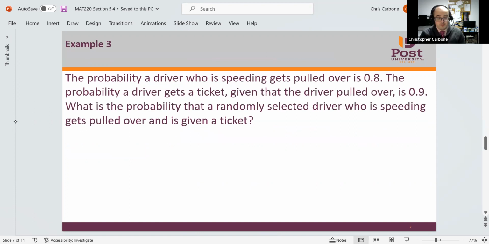For an example, the probability a driver who is speeding gets pulled over is 8/10. The probability a driver gets a ticket, given that he or she has been pulled over, is 9/10. We want the probability that a randomly selected driver who is speeding gets pulled over and is given a ticket.